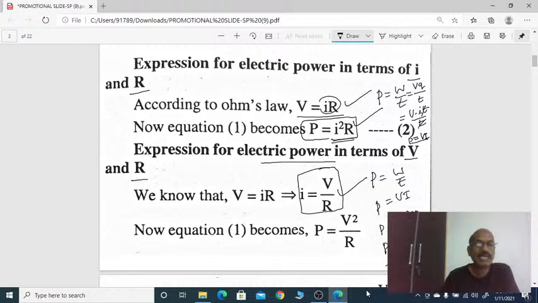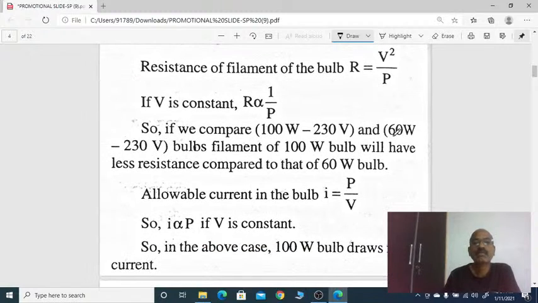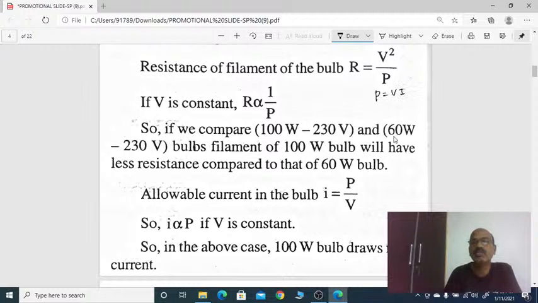Yes, let us move to the next one. Resistance of the filament of the bulb. We know power equal to V into I. Just now we discussed power equal to V square by R. Taking R, R equal to V square by P. Here potential is constant, so R is inversely proportional to power.